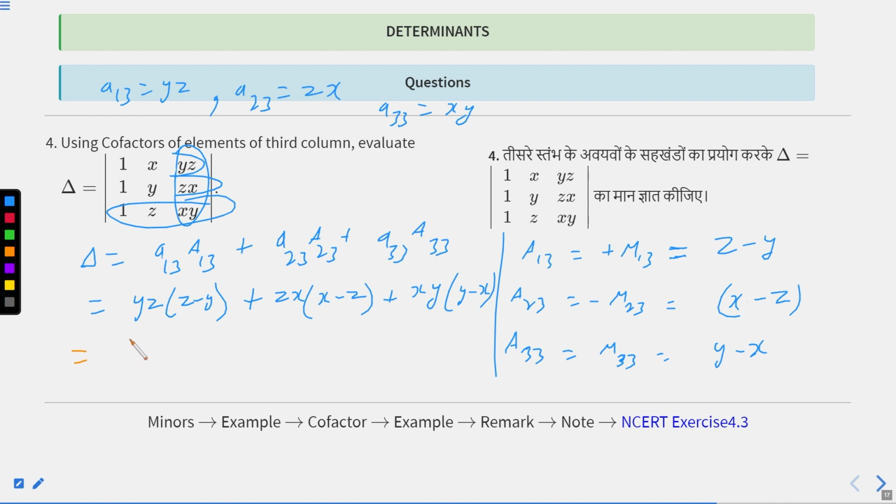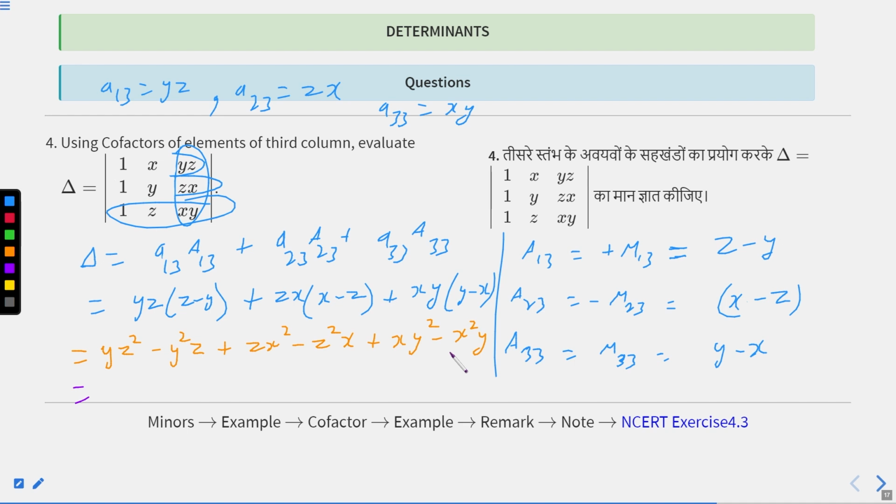Now yz square minus y square z plus zx square minus z square x plus xy square minus x square y. Simple. Okay, easy. So this will be your determinant. If you want to simplify, let me simplify further if I can.